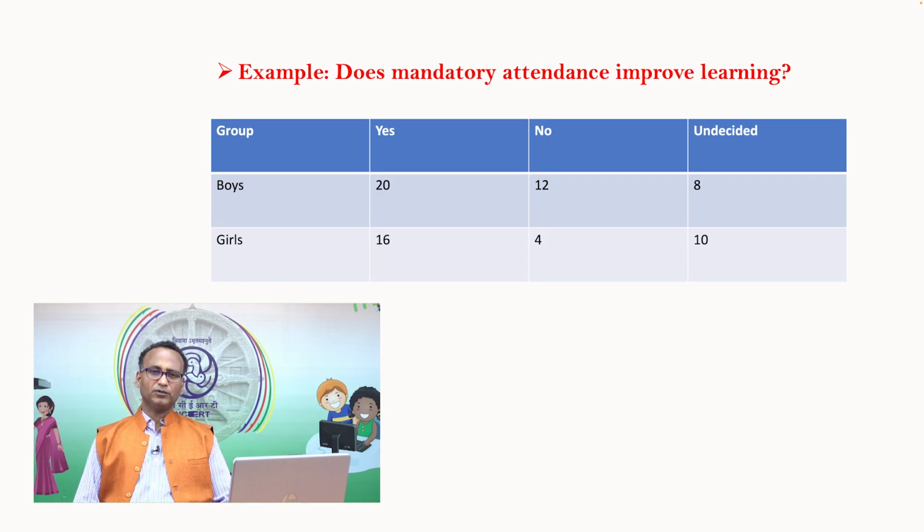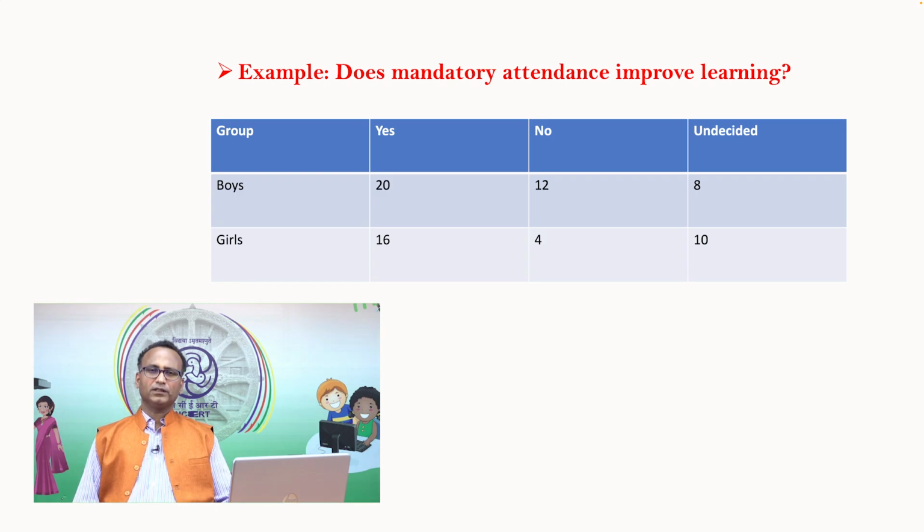You put this question to maybe 40 boys and 40 girl students. You have three options, in nominal data. The student can say yes, no, or undecided, I cannot say.